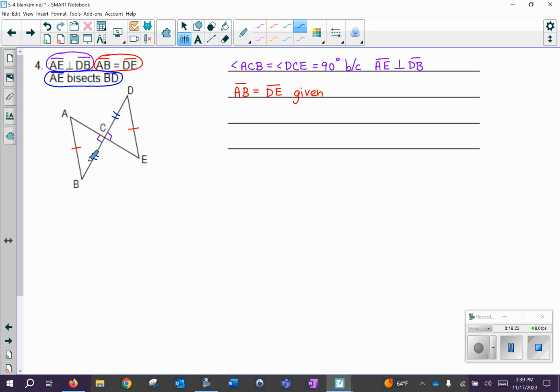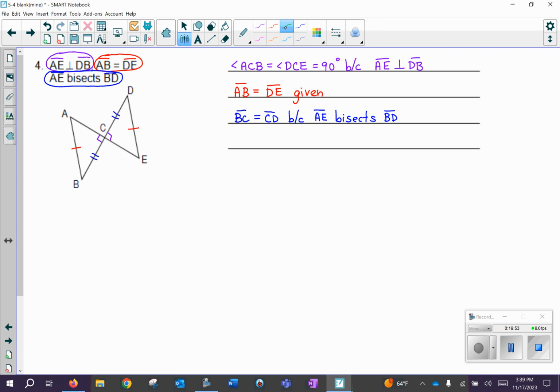So I'm going to say this segment BC equals segment CD because exactly what the statement said. Because segment AE bisects segment BD. Okay, and then I am ready to come up with a conclusion if it's possible.